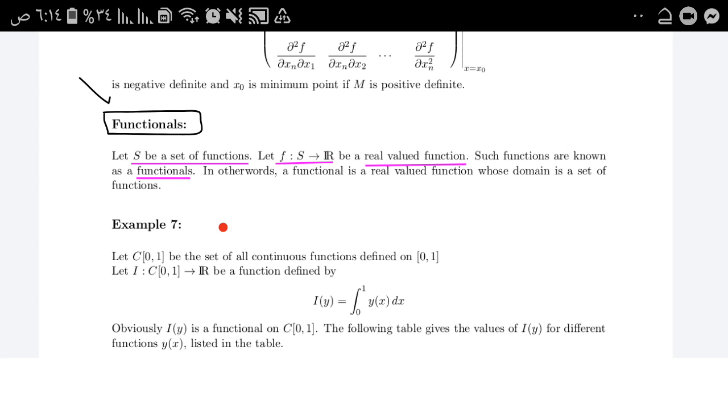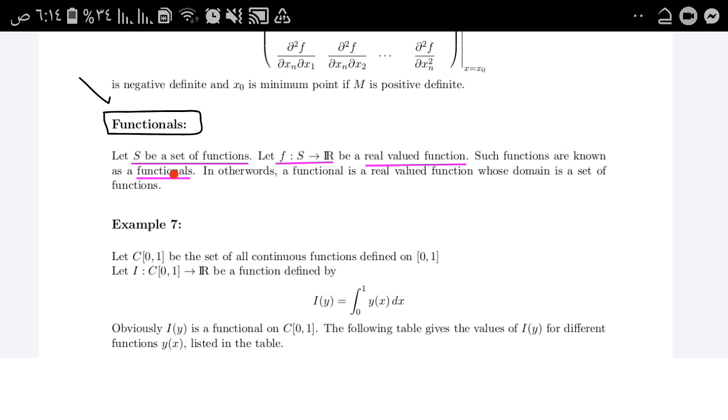اینجا تعریف فانکشنال رو میبینید. تابعی که دامنه یا ورودیش تابع باشه رو بهش میگیم functional.